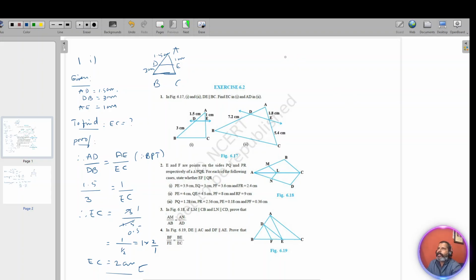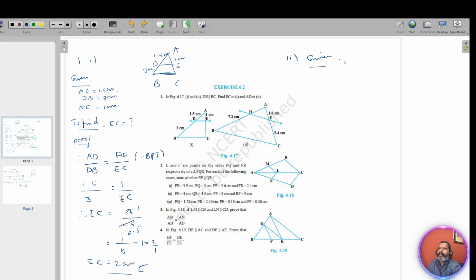We'll see the second question in the same main. Figure is also given. ABC triangle, DE is parallel again. Okay. Same way I'll solve. Figure I'll take it from here only. Given: AD, we don't know AD, but DB is given.